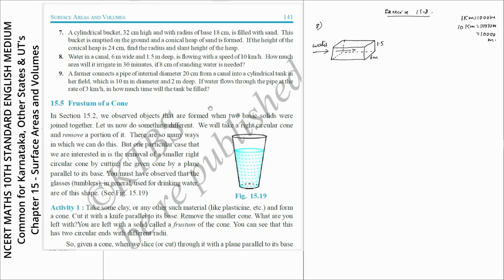So for 1 hour, 1 hour is equal to 60 minutes. Now, water is flowing continuously for 1 hour, so the rate of flow is 10 kilometers per hour. If the water continuously flows for 60 minutes, it will be like this.